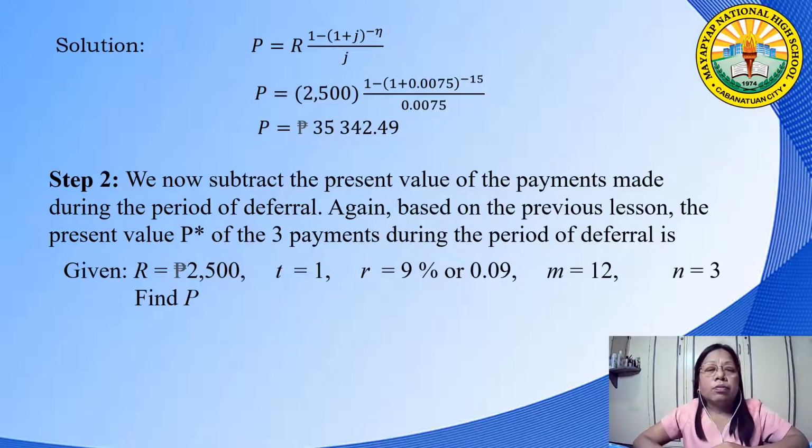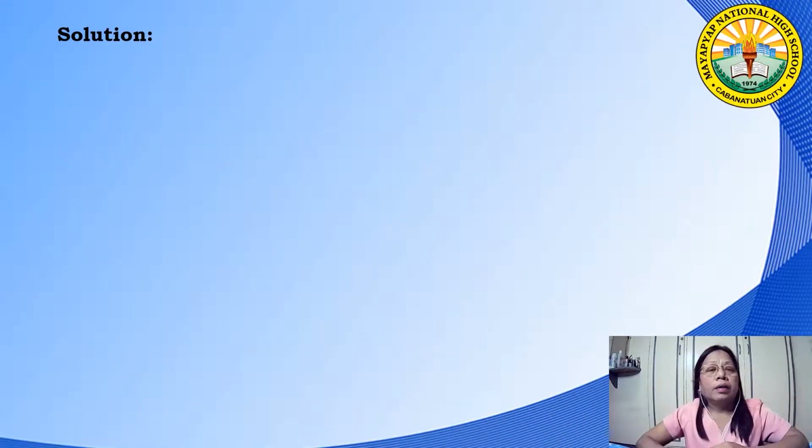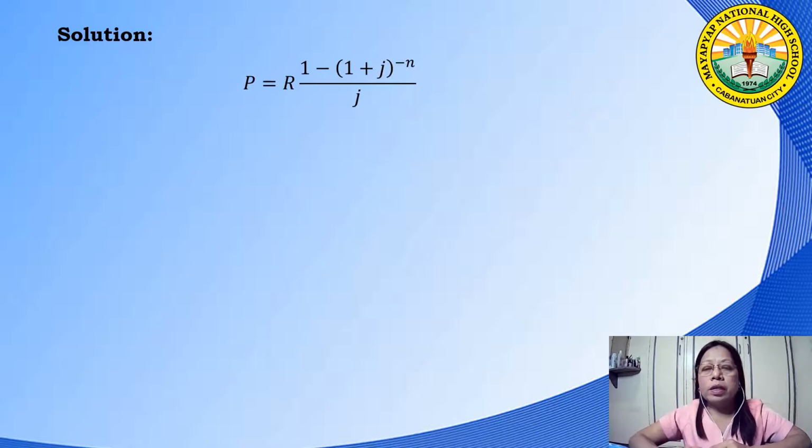Then you find the value of P. Again, from the formula, P equals R times 1 minus quantity 1 plus j raised to negative n, over j.